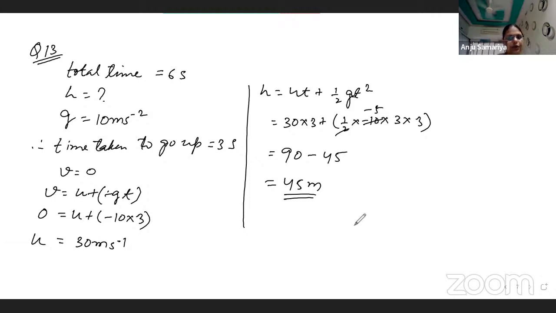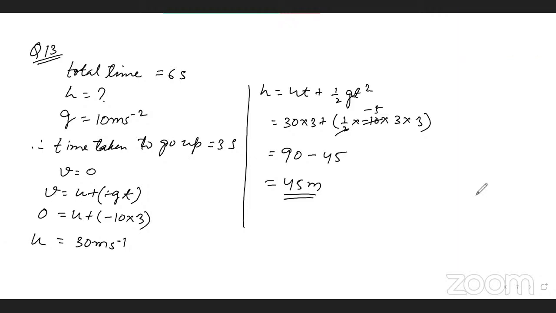Ayan, is this clear to you? Ashi, is this question clear to you?